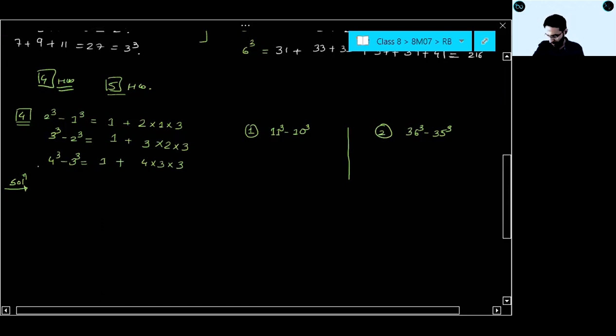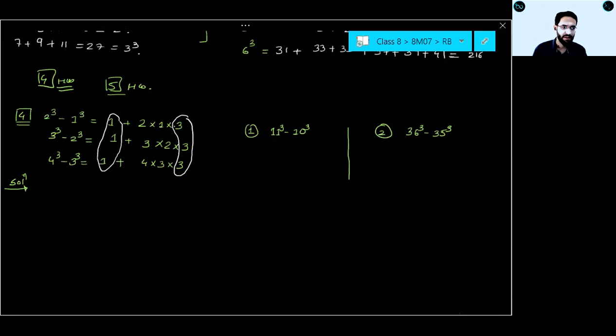In each and every given number, 1 is present, and 3 is also present in each and every case. So in the beginning, 1 is common and in the ending, 3 is common. Tell me everyone, are you able to identify this? Yes or no? Okay, now observe the remaining 2 digits.